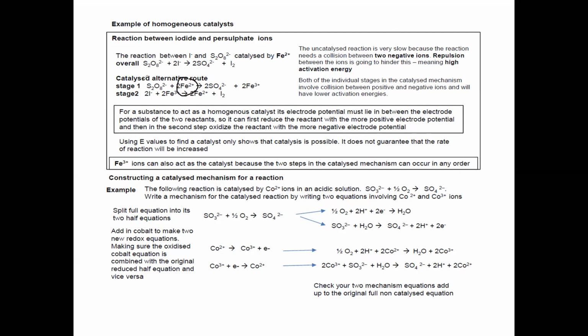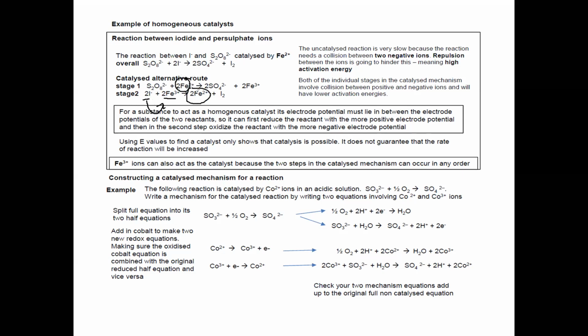iron 2 is a positive ion, and S2O8 is a negative ion. So S2O8 will change into SO4 and iron 2 will change into iron 3 because it is donating its electron. Then iron 3 is there with iodide, so iron 3 will take an electron from iodide and change back to iron 2.